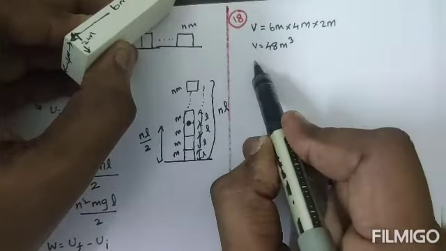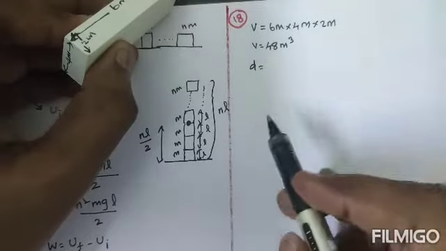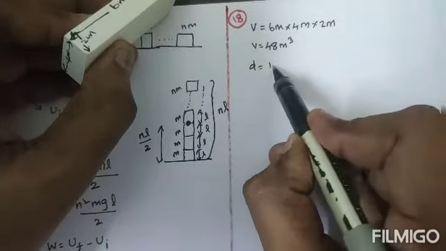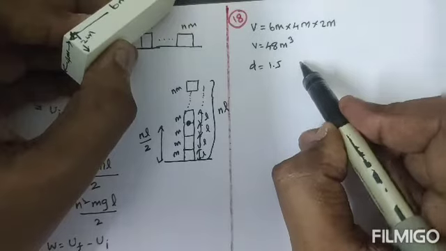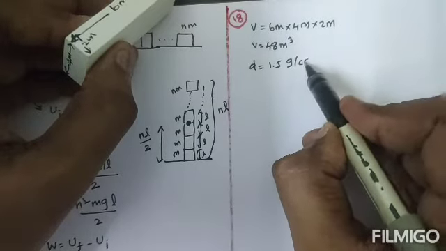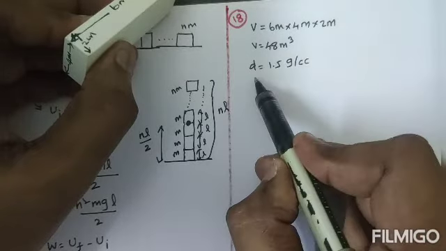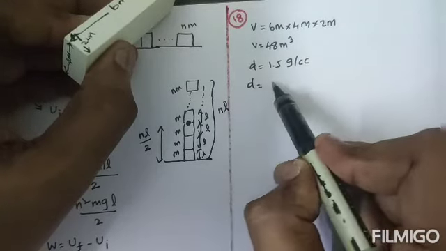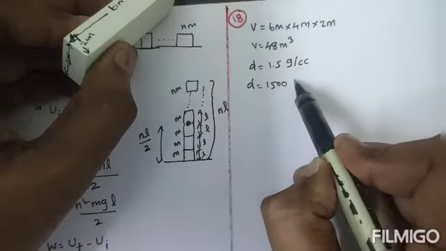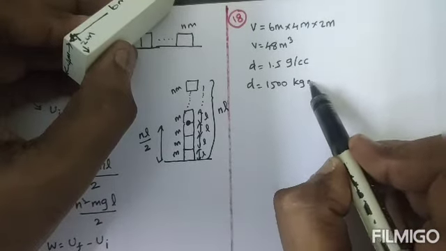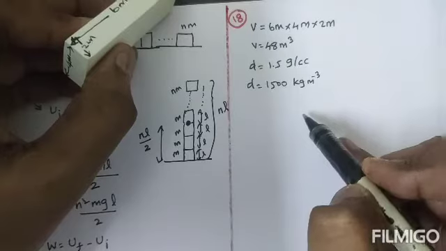The density is 1.5 gram per cubic centimeter, which we convert into kilogram per meter cube, that is 1500 kilogram per meter cube.